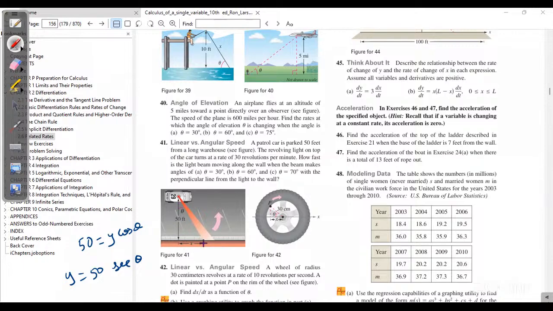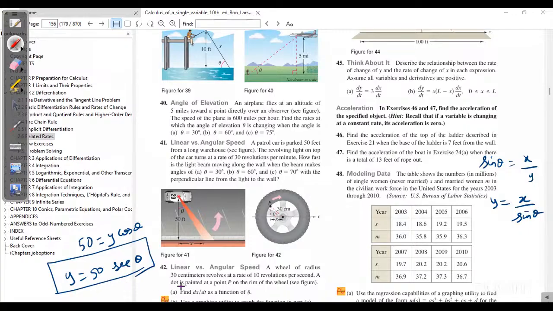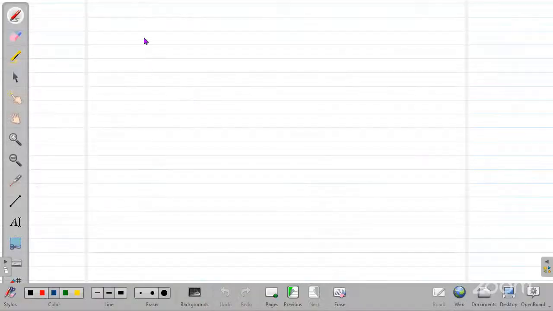What about x? So y is equal to x over sine theta. We'll take this itself. Okay. So y is equal to 50 secant theta. I'll just write it here.